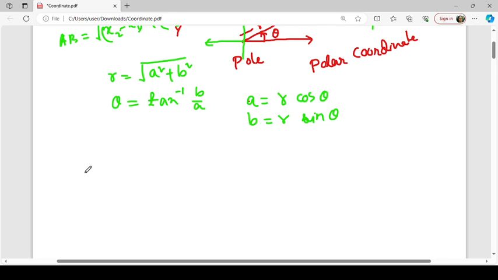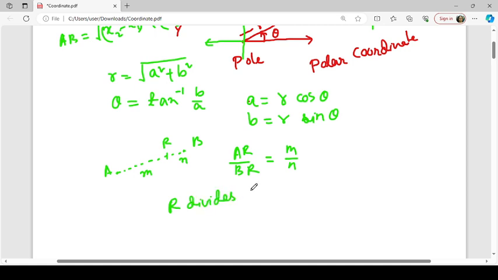Suppose this is a point A, this is a point B. So this is AB, R is a point here, R divides AB in the ratio m is to n. Means AR by BR is equal to m by n.